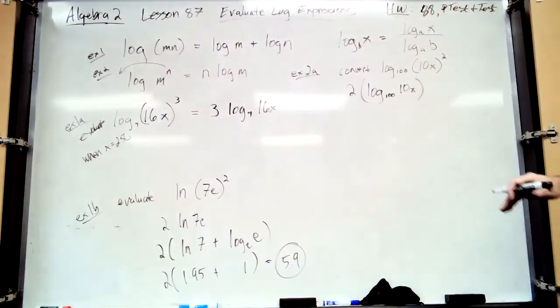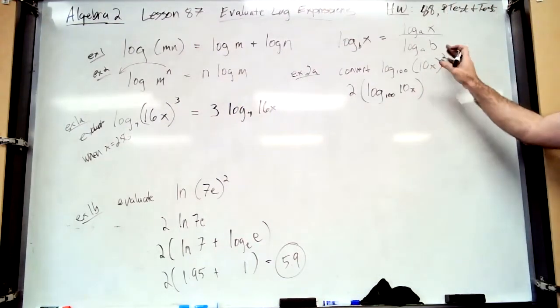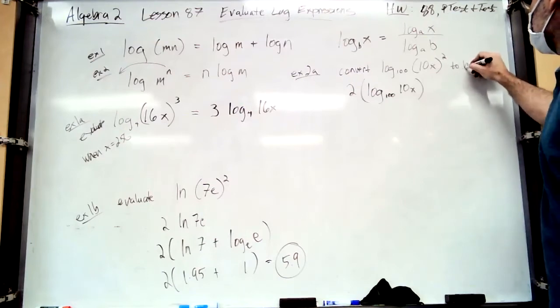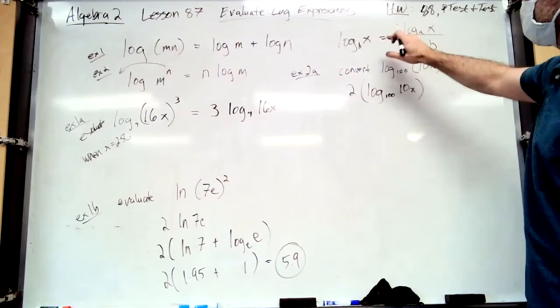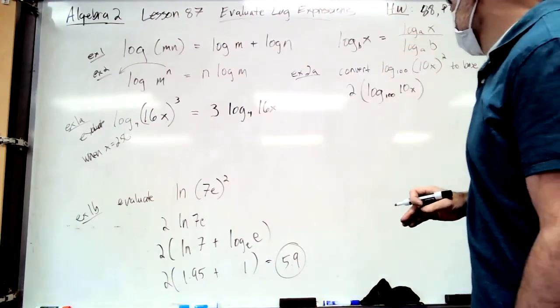Okay, you guys okay with that? All I did was put the 2, and I still want to go to base 10. So now what we're going to do is plug this guy into this formula.